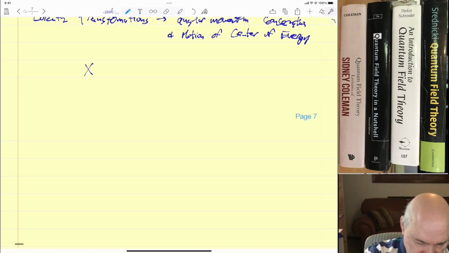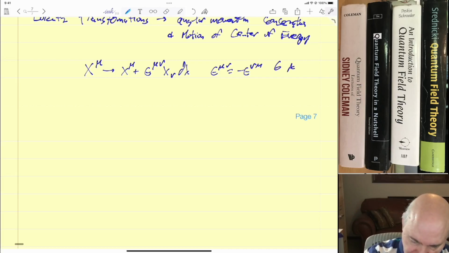So here we have x mu goes to x mu plus epsilon mu nu x nu d lambda. Epsilon mu nu is equal to minus epsilon nu mu. It's anti-symmetric. 6 parameters. And if equations like this you're not familiar with, this is an infinitesimal Lorentz transformation.